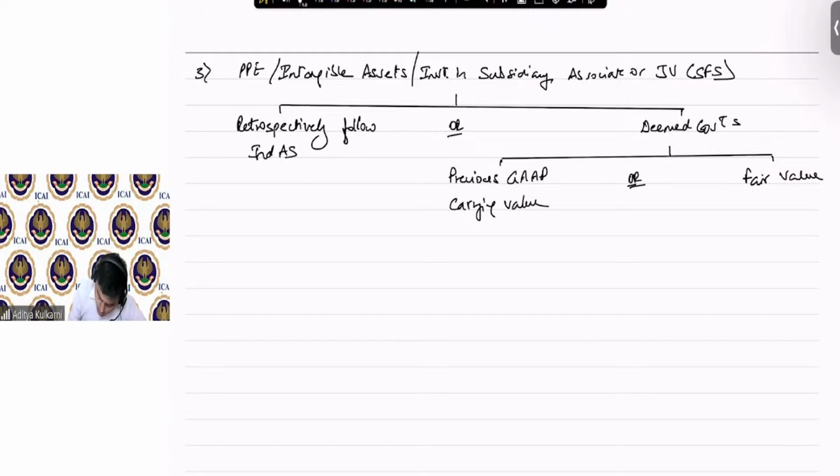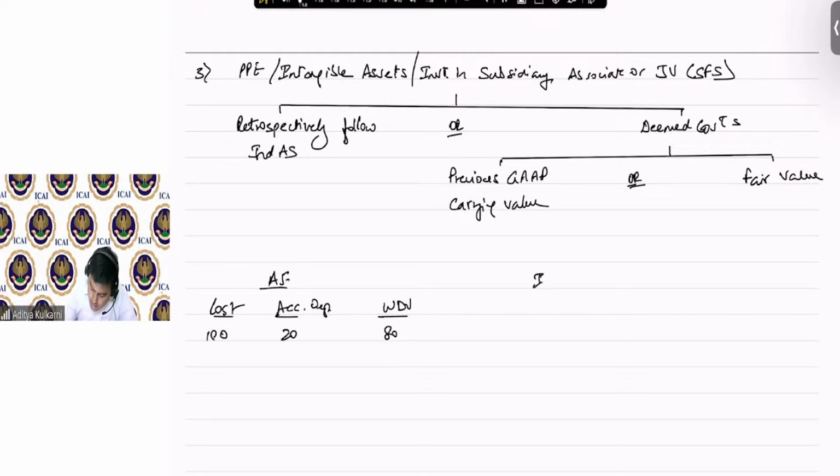So basically how it works is, under AS, you had cost, accumulated depreciation, WDV or carrying amount. So if this was 100, this was 20, WDV will be 80.